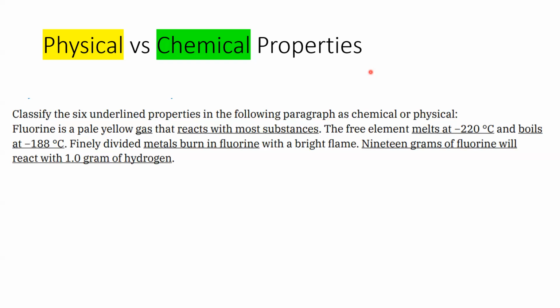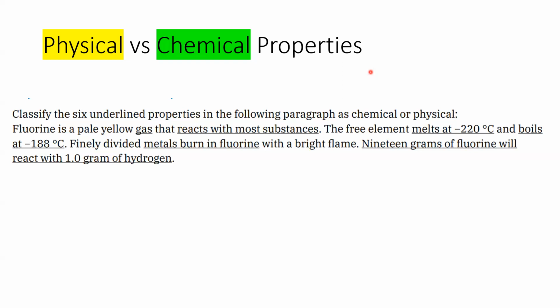But now that we have reacts with most substances, that's going to be a chemical property because within that process of reacting, we're going to be changing it into something completely new. And then with the next one, melts at negative 220 degrees Celsius. And the same thing with boils at negative 188 degrees Celsius.